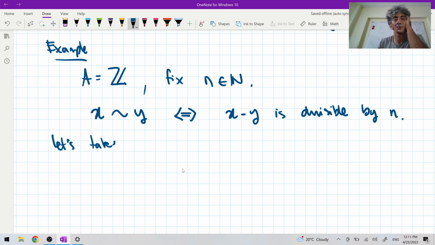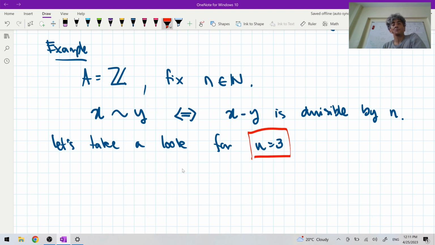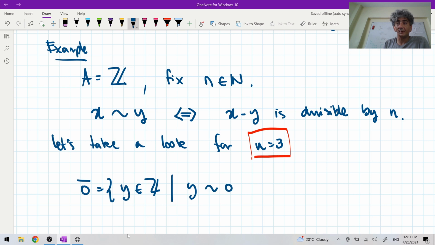Let's take a look at n equals 3. To be concrete, let's use n equals 3 here. Let's take a look at the class of number 0. This consists of all the integers such that y is related to 0.